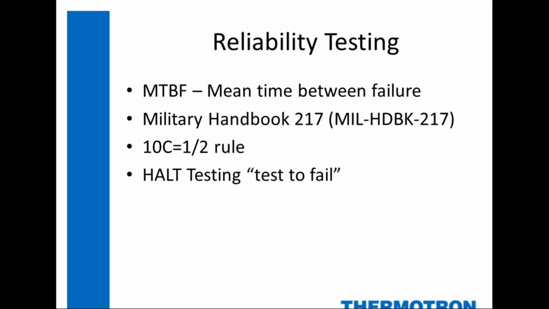To give you a real simple example, there's something called the 10C half-life rule, and it simply is if you operate specifically electronics at an elevated temperature, and so if you have electronics that are meant to operate at ambient temperatures, you raise that temperature 10 degrees C, the life of those electronics or components will be cut in half.